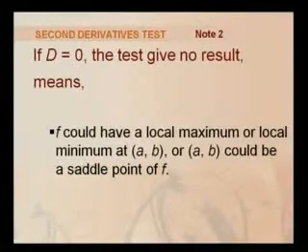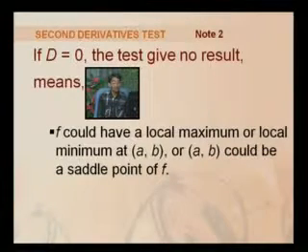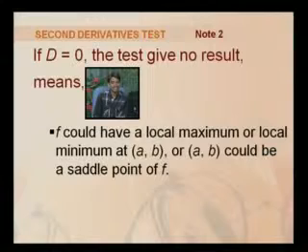That means we cannot say that the function has a local maximum, local minimum, or a saddle point. So if we get D equal to 0, this test will not help us say whether the function is maximum, minimum, or a saddle point at (a, b). So just pray that D is not equal to 0 in our case, right?